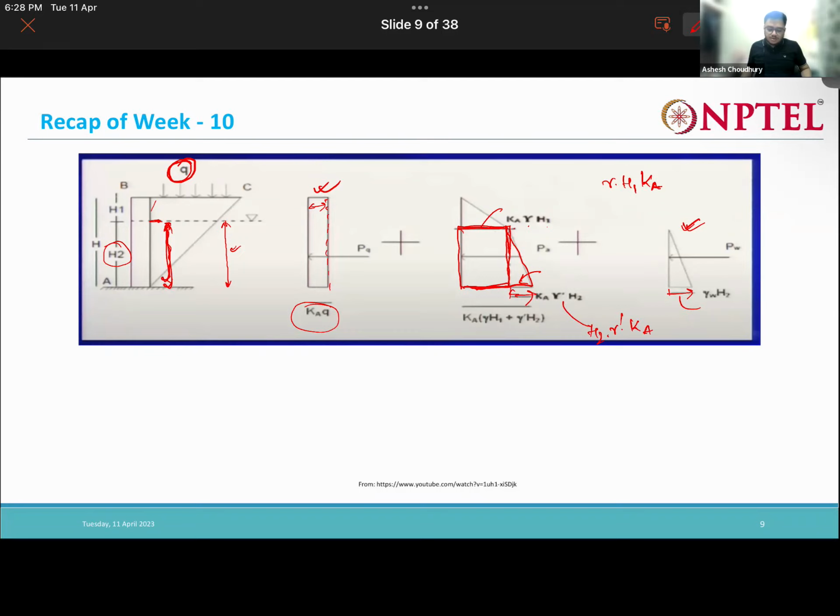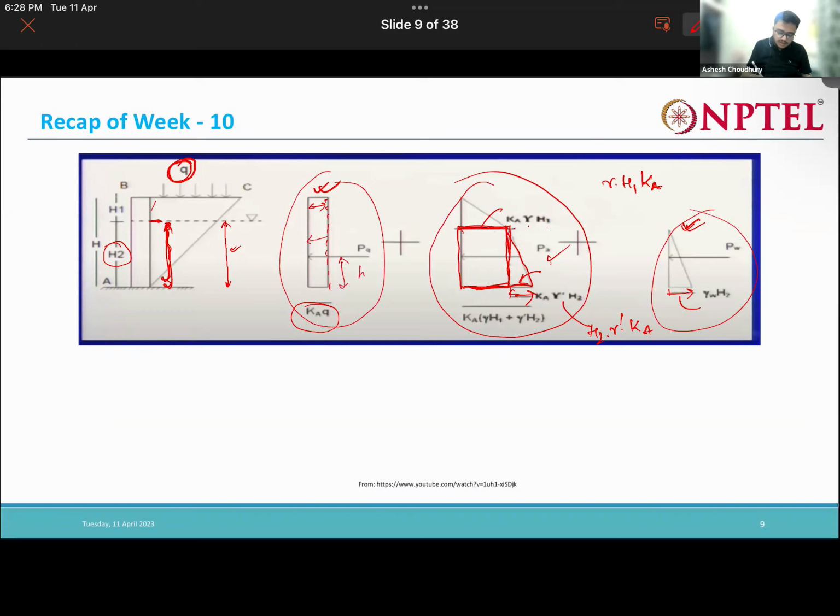Right. So to determine PA, we need to determine the area of this total stress distribution diagram. We will find the area PQ. PQ will be acting at half height, so this will be H1 plus H2 by 2. For the point of action of PA, we need to determine the height, and the point of action of PW, H3.